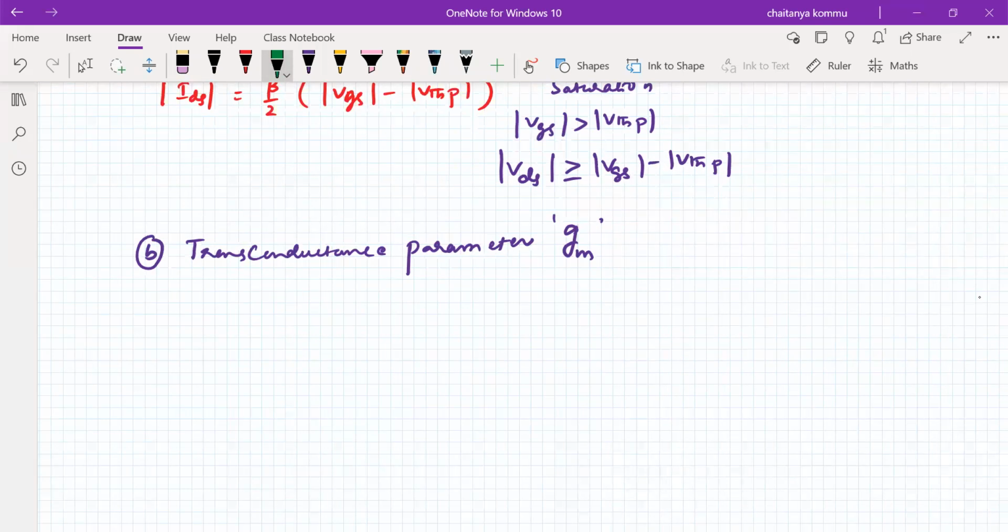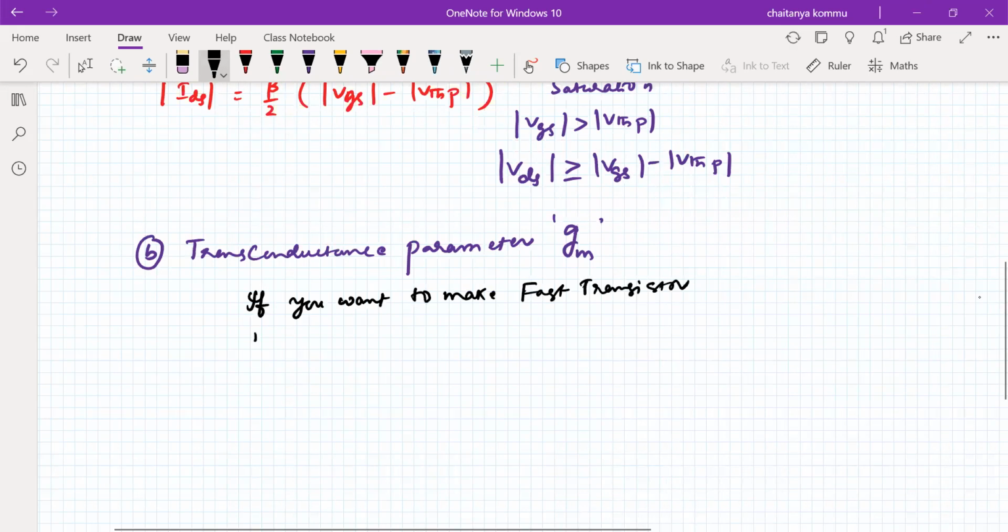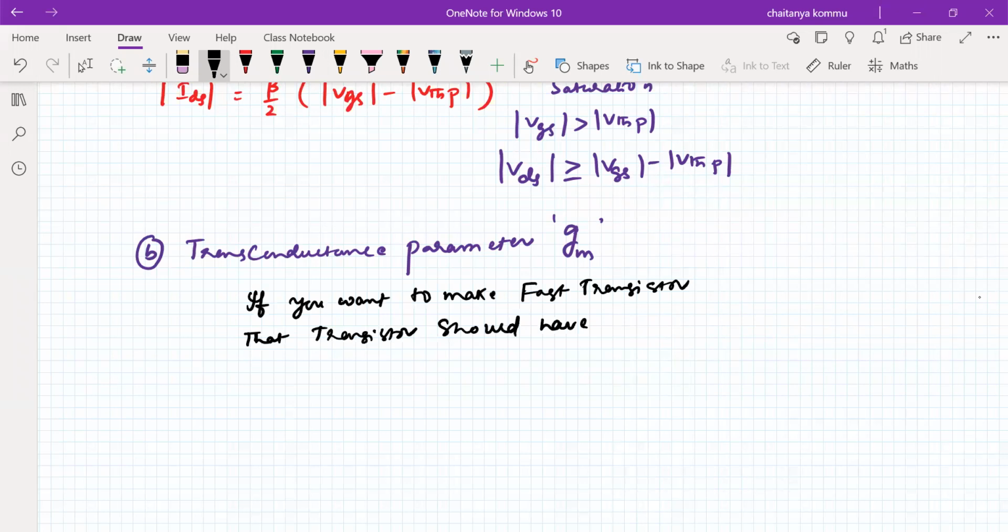In order to identify the fastness of a transistor, we have to know the GM value. For a fast transistor, GM should be high. If you want to make a fast transistor, the transistor should have high GM.